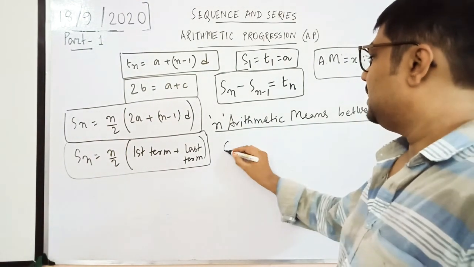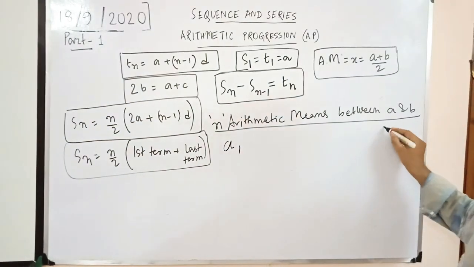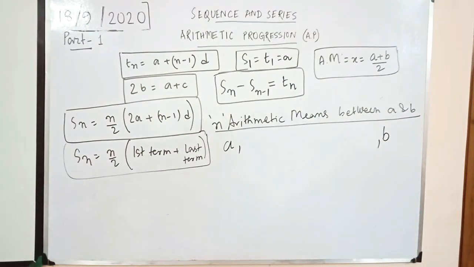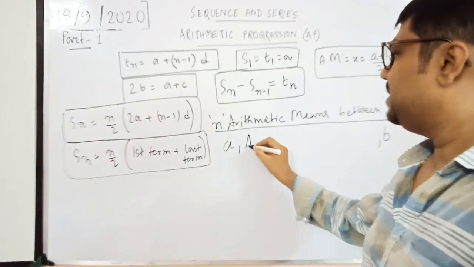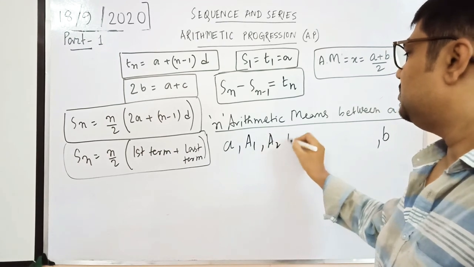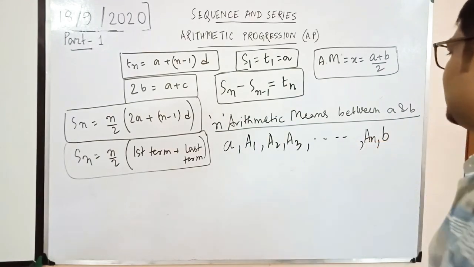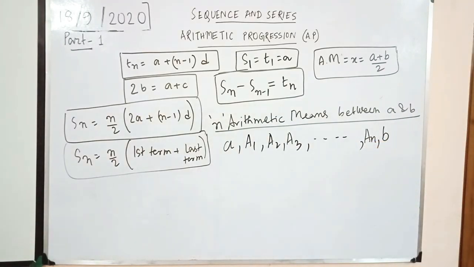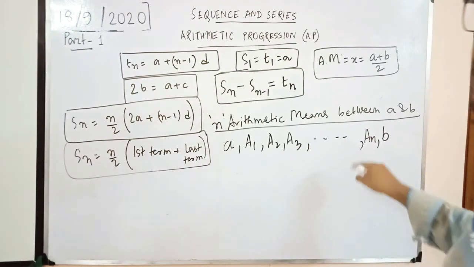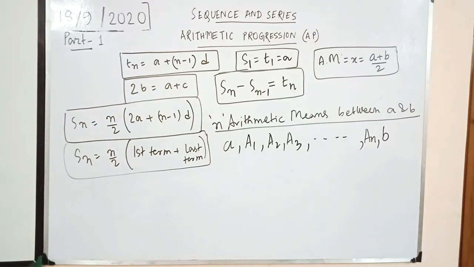Let's say a is a number and b is another number over here, and we want to insert arithmetic means a1, a2, a3, up to an. That is n number of arithmetic means. These are the numbers to be inserted in between a and b, so that the whole series will be an arithmetic progression.